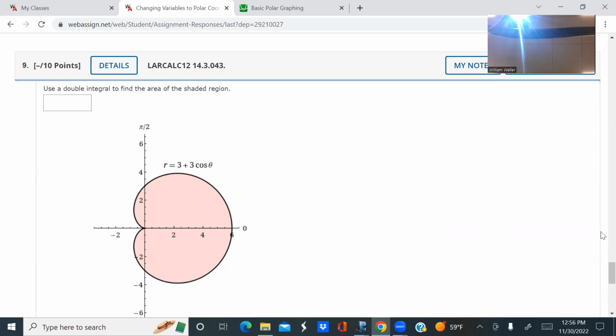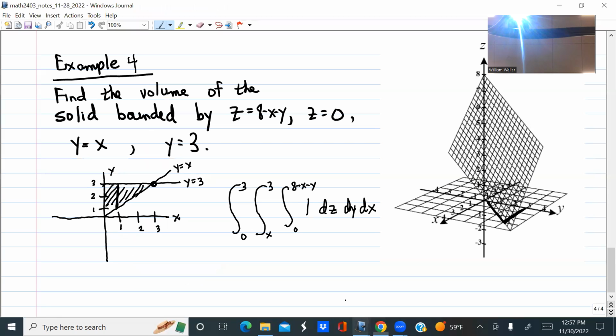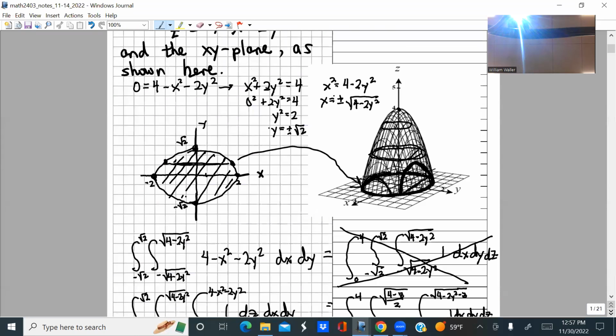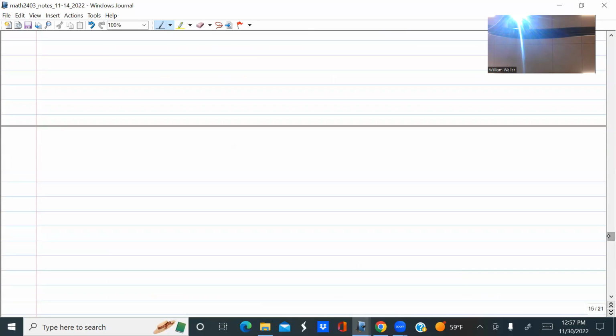Since we're looking for area, what's the idea here? We're going to use a double integral, but what's going to be the integrand? We just get a simple integrand of 1. Remember that curve, 3 plus 3 cosine theta.